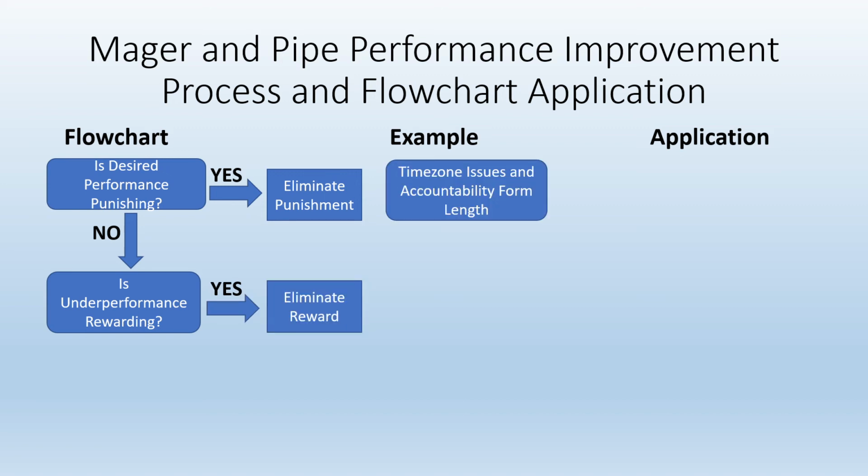In our example, time zone issues and accountability form length could be perceived as punishing. Sometimes we've paired mentors and mentees who are on opposite coasts because their interests and skill sets were aligned. That creates some challenges in communicating with one another. Also, the accountability forms have been pretty lengthy, and that could present a barrier to completion of the forms.